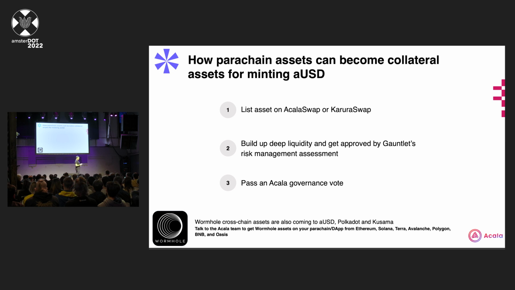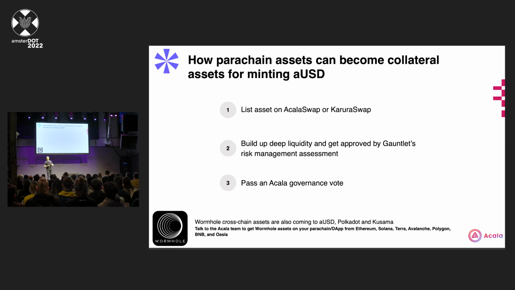Number one, and we're working with many teams on this right now, is listing assets paired against aUSD on either the Karura swap or the Acala swap. Second, as we'll get into in a little bit, the liquidity of the pair with aUSD has to be deep enough to absorb liquidations that happen when price fluctuations occur.